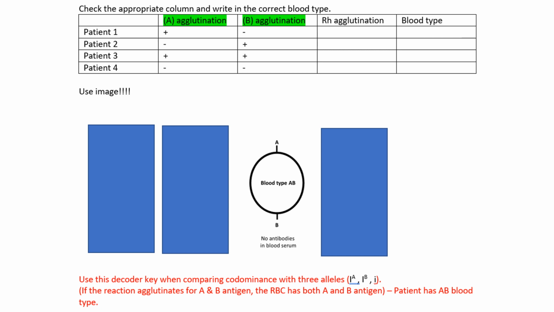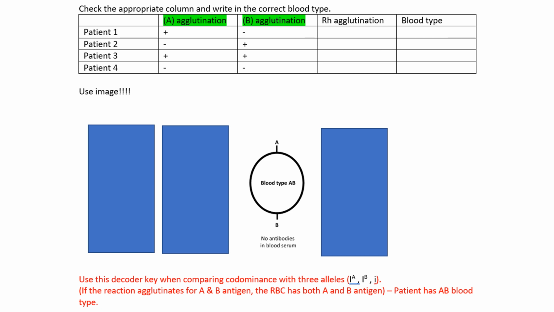The next patient is patient 3. You use that tray. You saw agglutination for A and B. What that means is that the red blood cell surface has antigen A and it has antigen B. Therefore, you had agglutination of both.